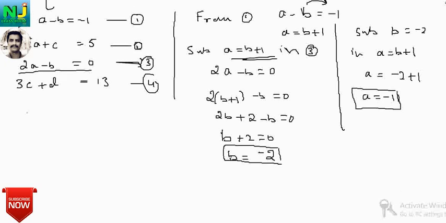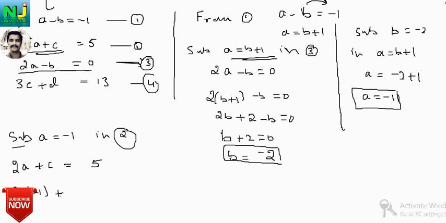So now substitute. Look here. Substitute a is equal to minus 1 in equation 2. In equation 2, there is a and c. 2a plus c equals 5. 2a is equal to minus 1, c we don't know, equal to 5. So minus 2 plus c equals 5.